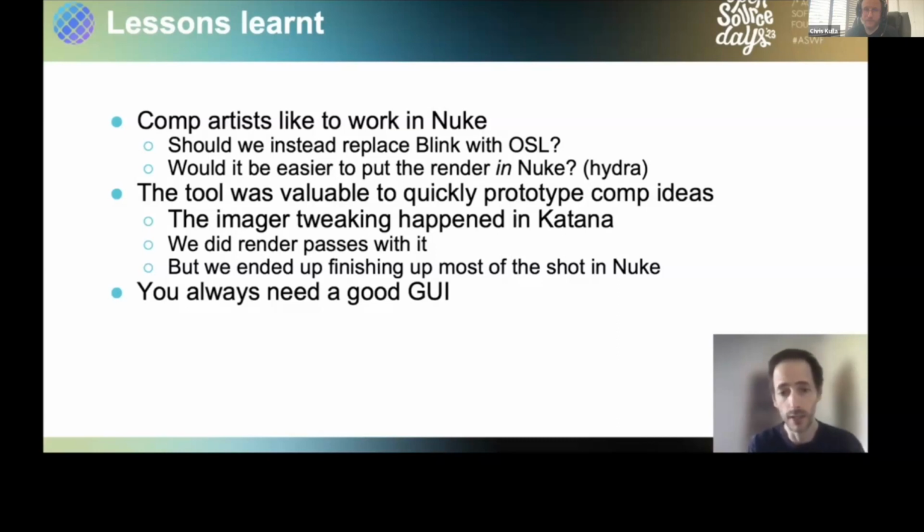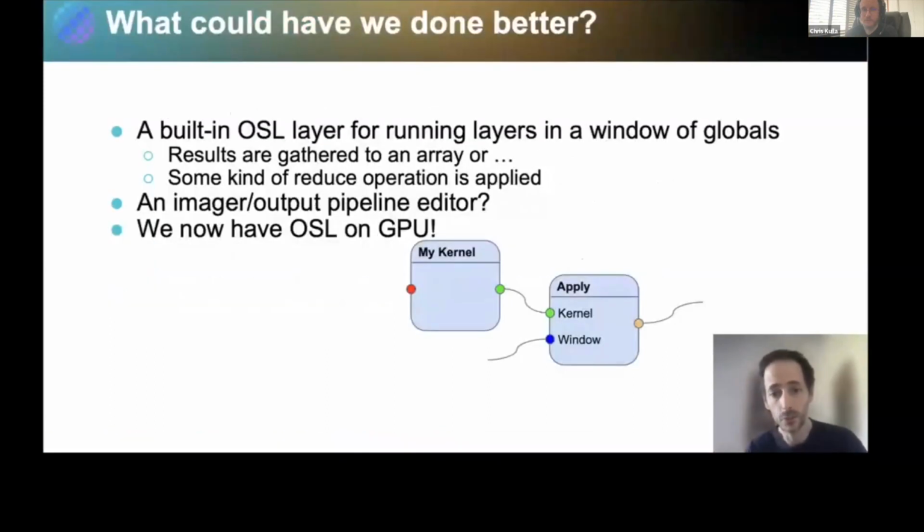You could tweak the render and the shaders, and then at the same time tweak the images and quickly see the nice result of it. And the other lesson that we learned is that you need a good GUI to make these things friendly for the artists and efficient in the end. And that is one of the things that we could have done better.